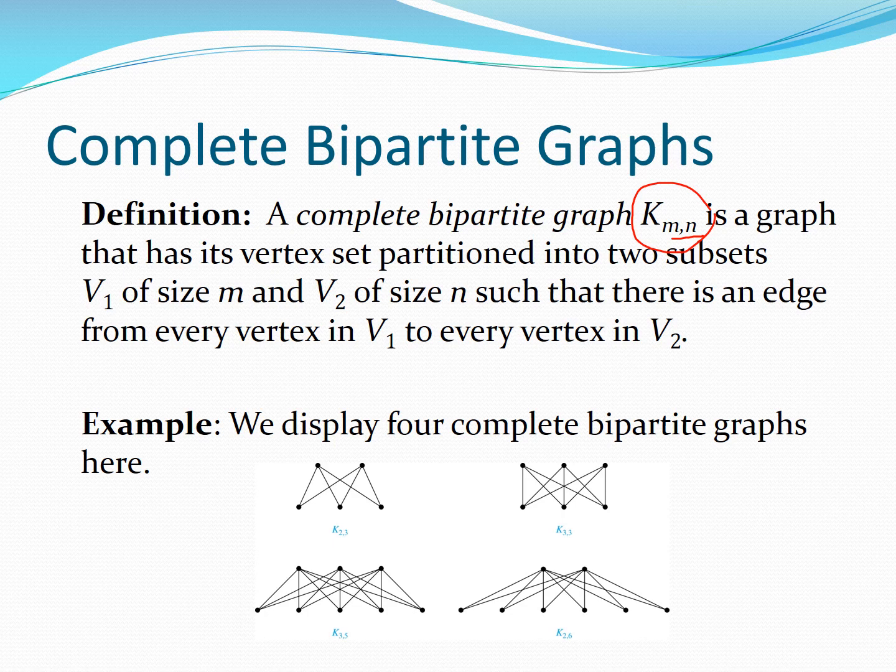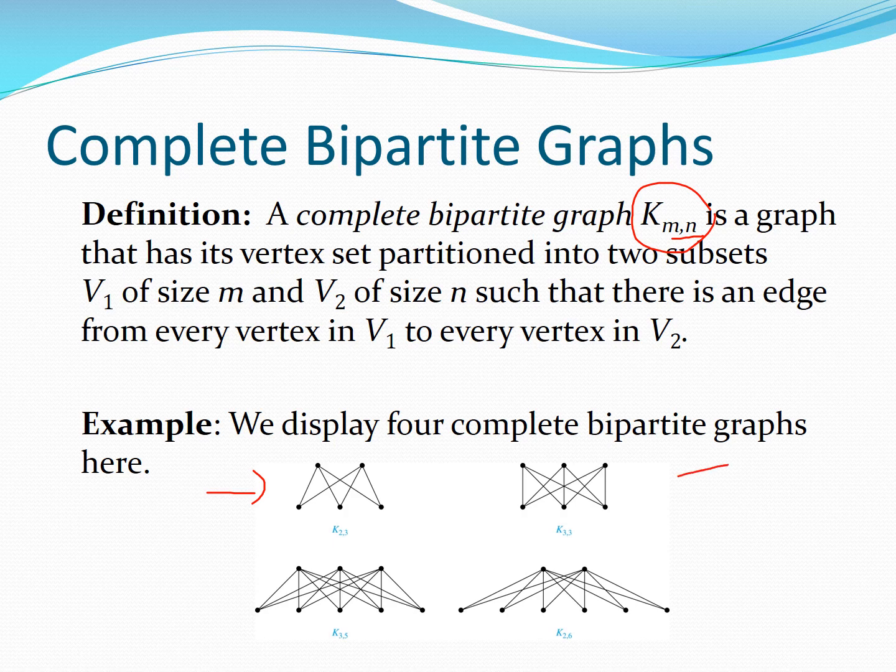So here we have four examples of complete bipartite graphs. The first one shows K2,3. Your V1 set contains two vertices and your V2 set contains three vertices. And if you notice, there is an edge from every vertex in V1 to every vertex in V2 and vice versa.